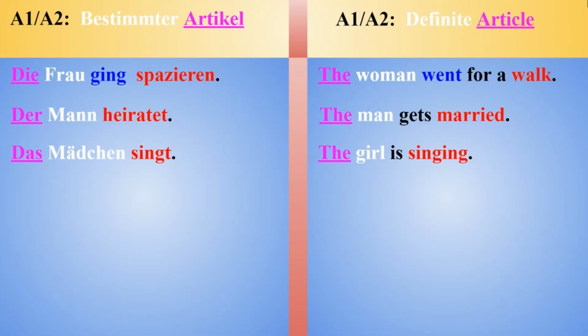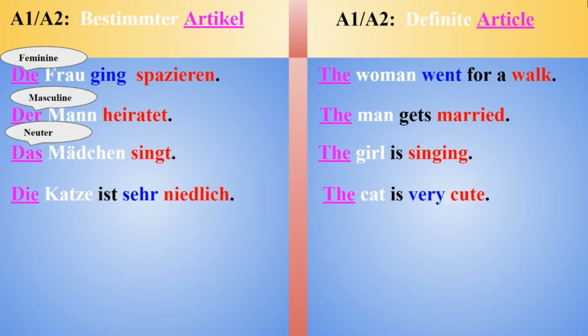The girl is singing. As you might know, in Deutsch we have three articles: die, der and das. Die is used to represent the feminine article, der is for the masculine article, and das is the neuter article. Let's look at a few more examples.